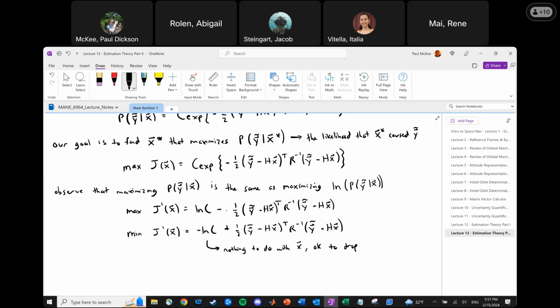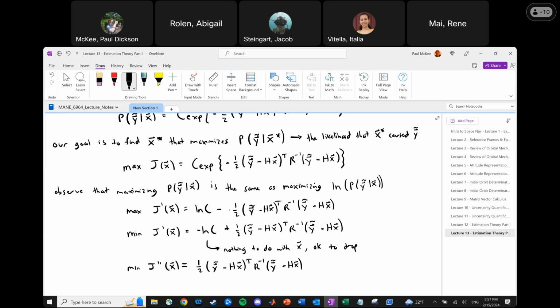So I'm going to introduce yet another problem, which looks like this. The minimum of J double prime of x. This is a different but equivalent optimization problem. And now it's just the minimum of 1/2 (y minus Hx) transpose R inverse (y minus Hx).